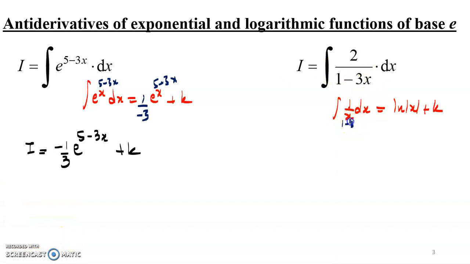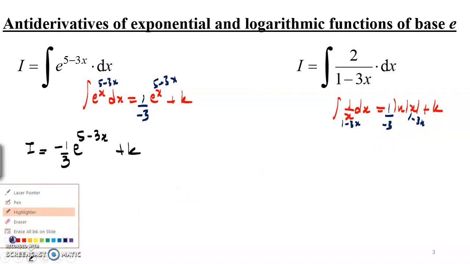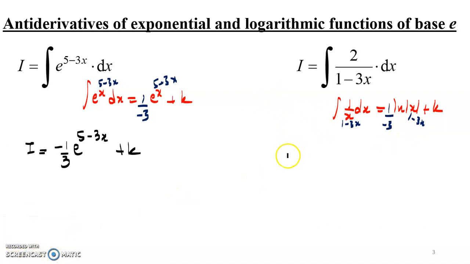However, instead of x, I have 1 minus 3x. So in my antiderivative, I replace x by 1 minus 3x, and I do not forget to divide by a, which is the slope of the linear expression I'm dealing with here. So in that case, don't forget we already have a 2 here, so it's 2 over negative 3, which is negative 2/3 times ln of the absolute value of 1 minus 3x plus k.